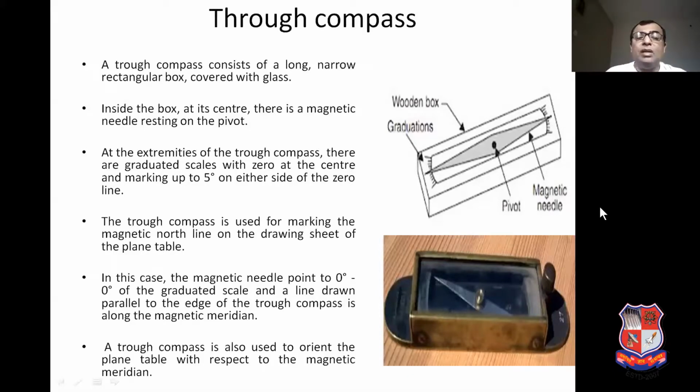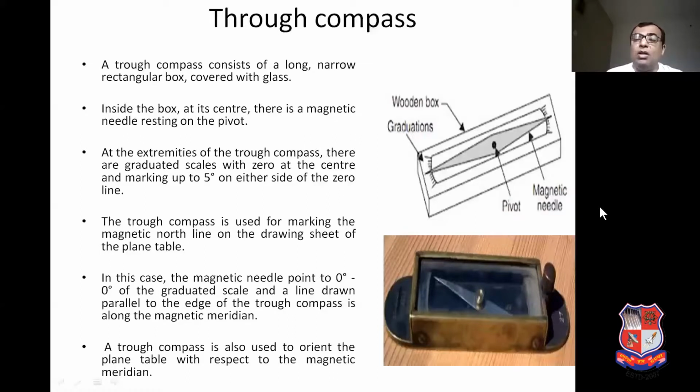The trough compass is used for marking the magnetic north line on the drawing sheet of the plane table. In this case, the magnetic needle points to 0 degree on the graduated scale.